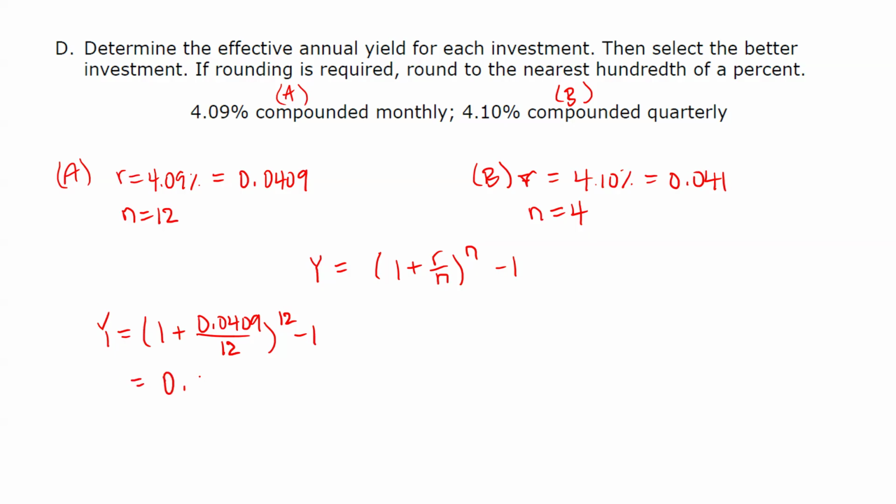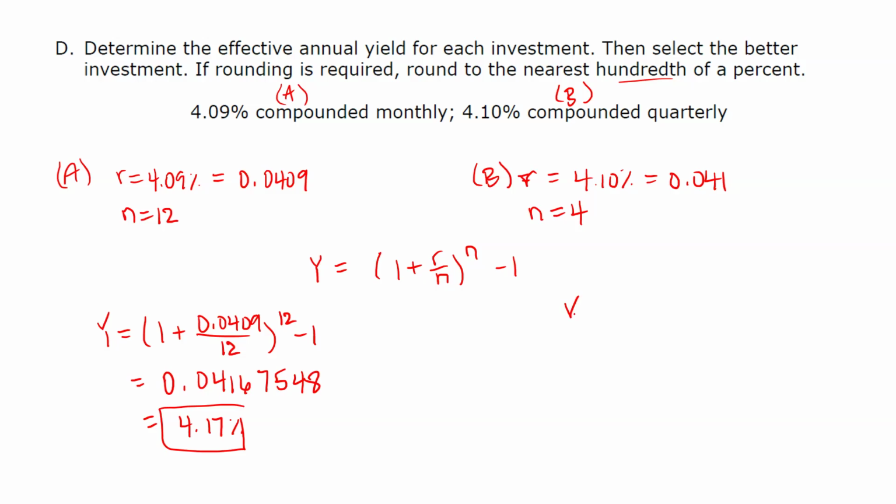This gives us the decimal 0.04167548. It tells us to round to the nearest hundredth of a percent. So if we move the decimal over 2 and then round, we'll get 4.17%.